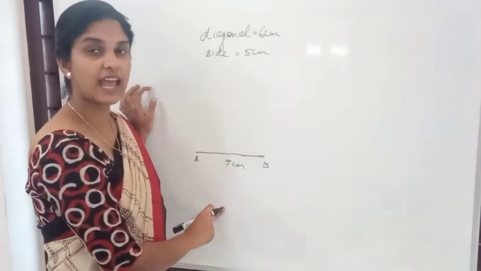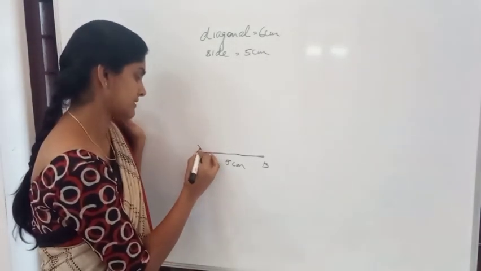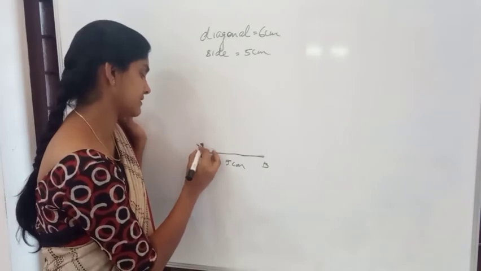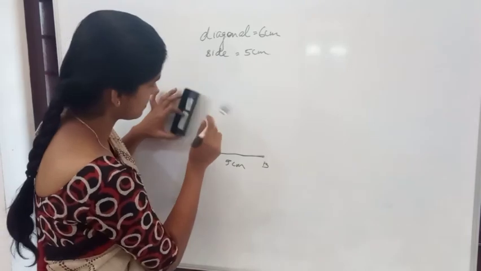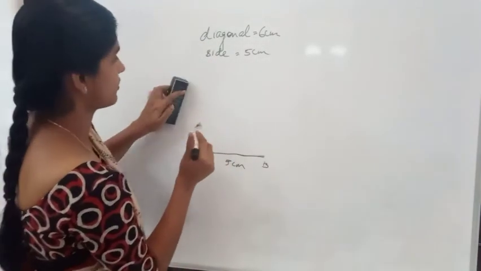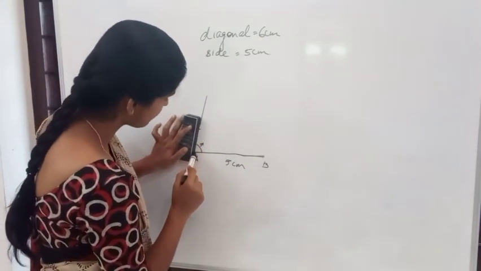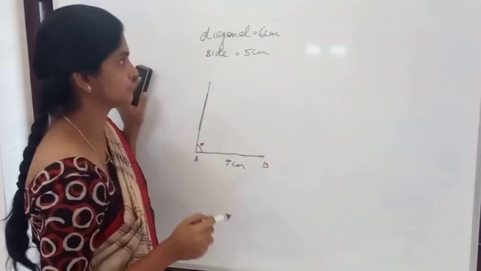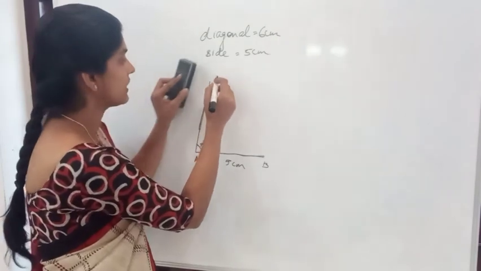Now take any measure of the angle. Suppose it is 50 degrees. Join this. Now what we need is a diagonal.